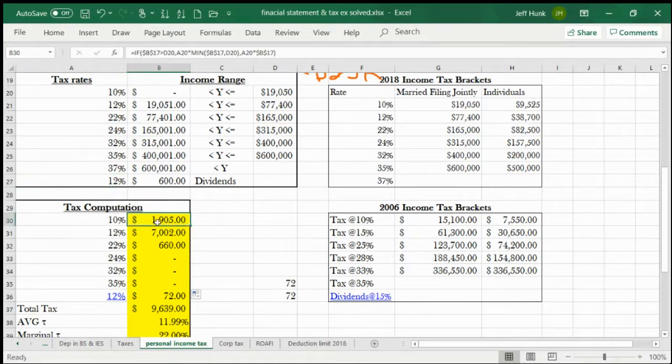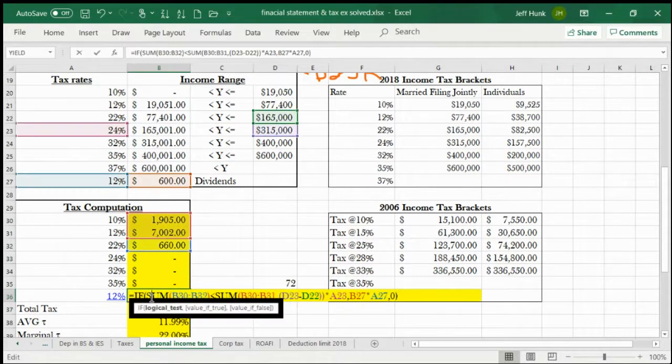So since we have done all of our earned income, now about investment income. Here, of course, you can look at this. But then again, what is the rule about dividend income?